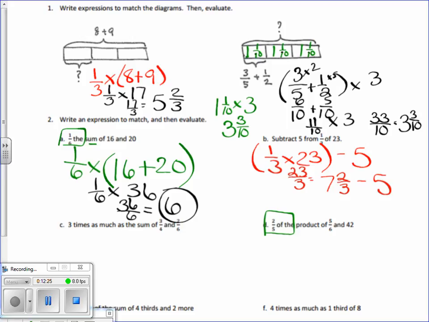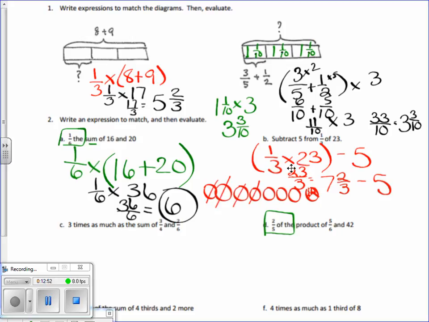If I had a whole number in the front minus a fraction in the back, I'd have to do that whole borrowing from the fraction thing. But I don't. I have 7 and 2/3. Can I take 5 wholes out of here?